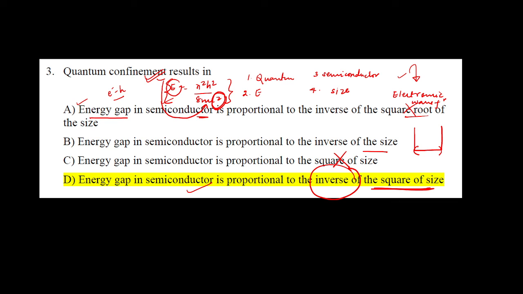From energy, we came to the conclusion of electrons. Then I used the energy relation of electrons, then the relationship between the energy gap and the size of the system. Length is also known as the size of the system. This is how we can use the keywords and come to the final answer, that is option D. I hope I'm clear on this question. Let me know in the comment section if you have any queries.